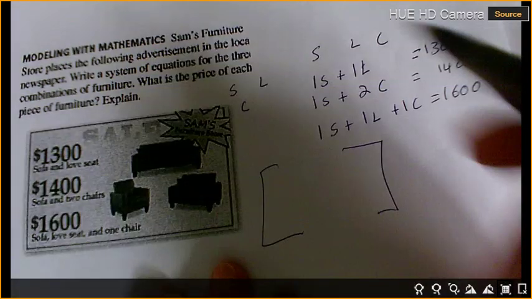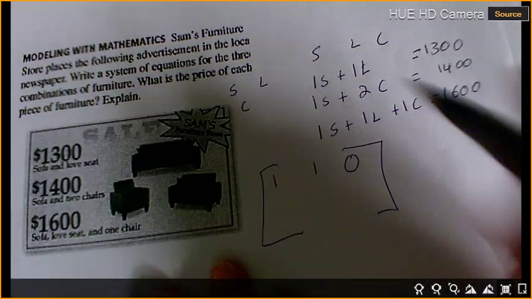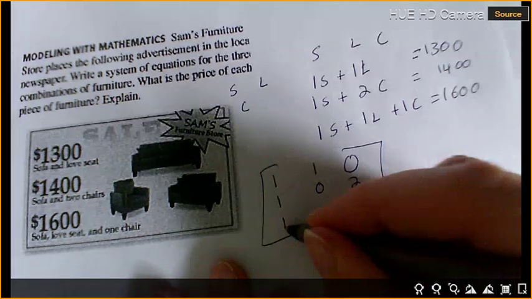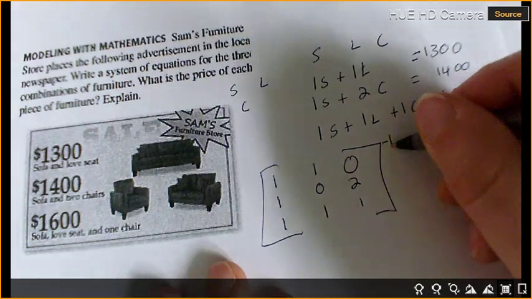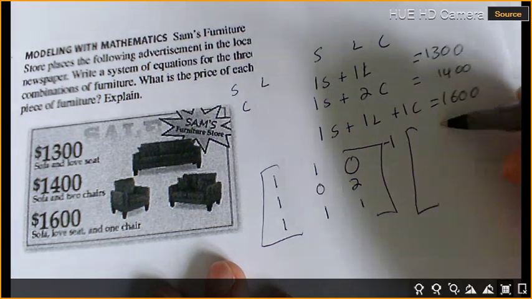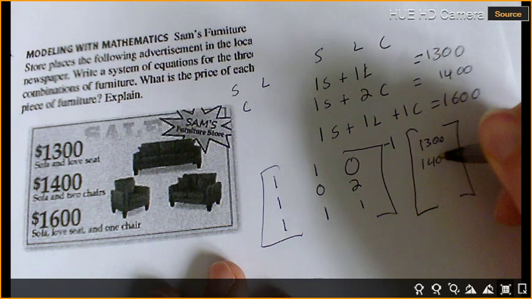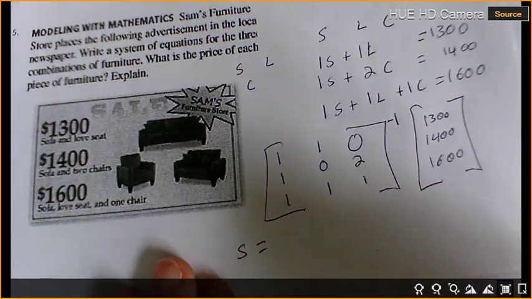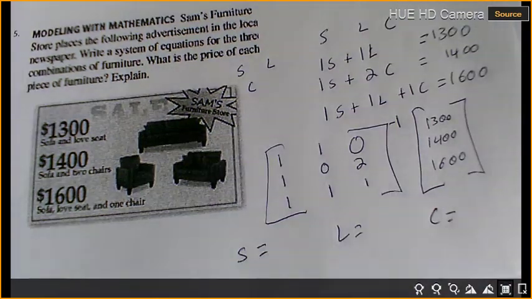Okay? So we're going to have 1, 1, 0, 1, 0, 2, 1, 1, 1. We're going to raise it to the -1. And we're going to put 1,300, 1,400, and 1,600. Now remember, it's going to give me my sofa first, my love seat second, and my chair last. Okay, so now let's switch back to the calculator.